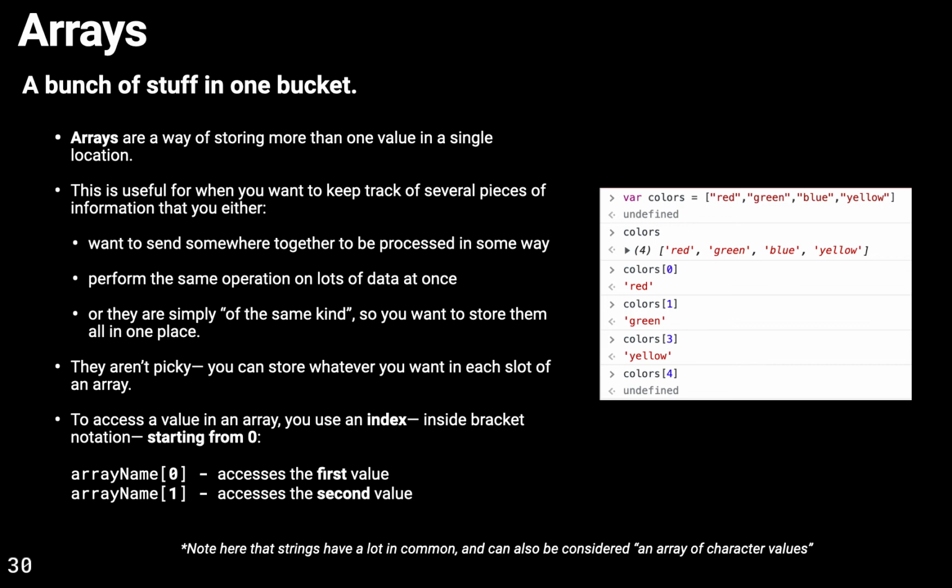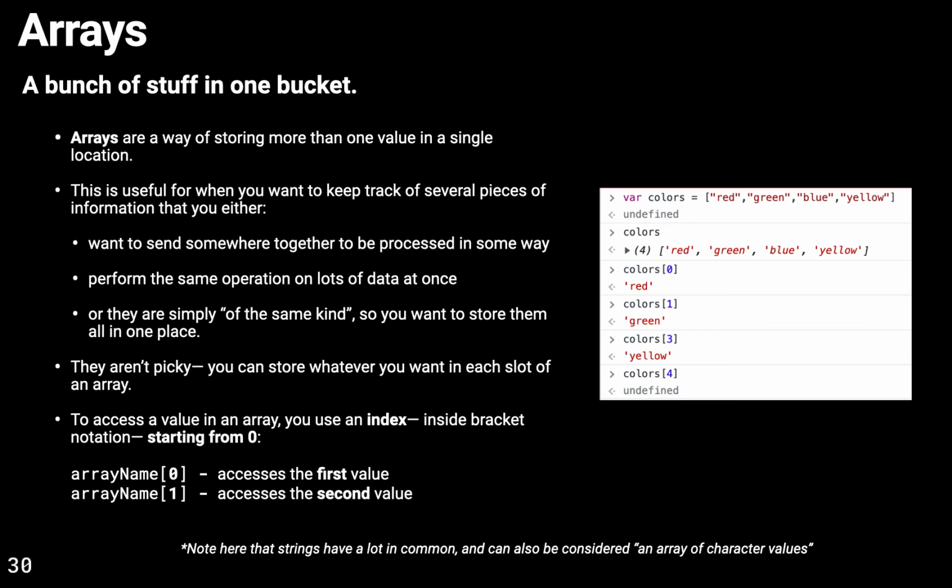If I call colors sub-4, which, remember, we're off by 1, that would be outside of it. That comes back undefined. Okay, so that's arrays. This is a simple way of grouping information together that you don't want to necessarily go as far as an object. Arrays have their own advantages that we'll get into at some point.